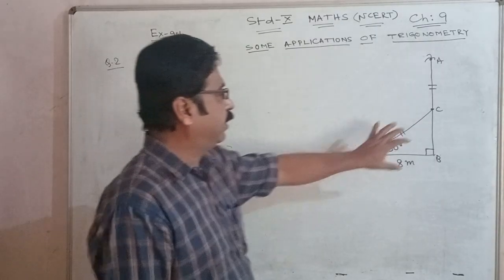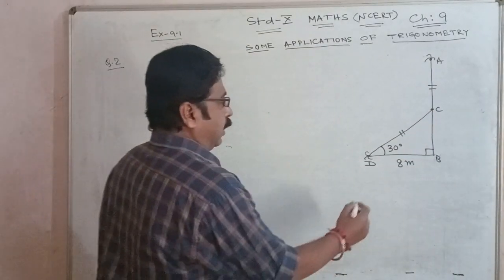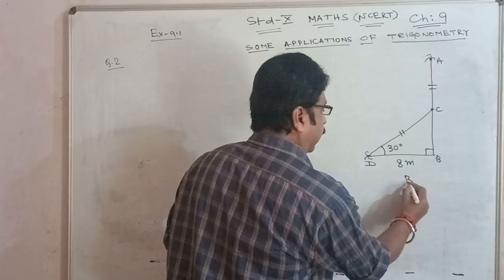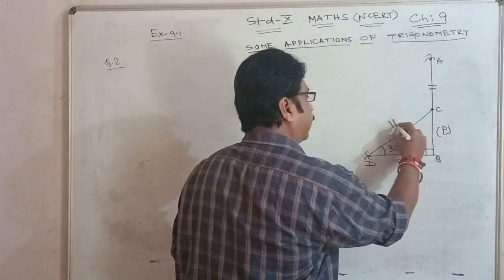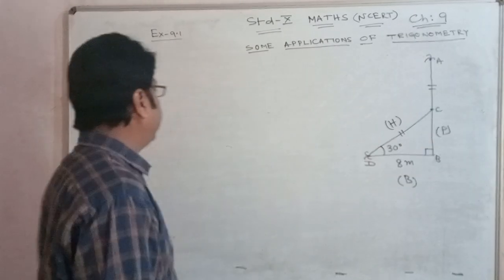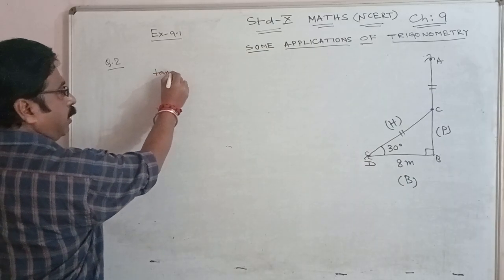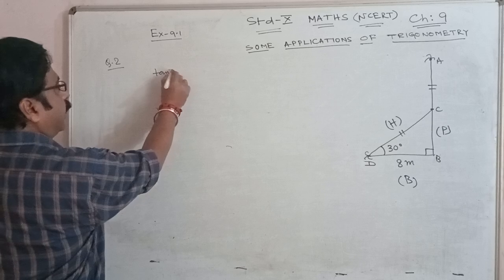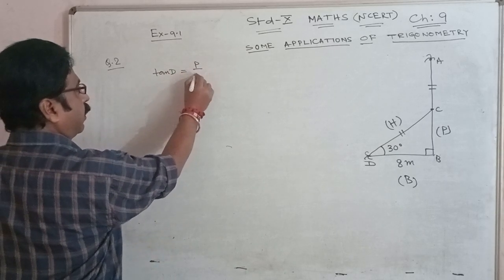Let us find first the length of BC. It is base, perpendicular, hypotenuse. Perpendicular and base, so we can use tan. Tan D is perpendicular upon base.